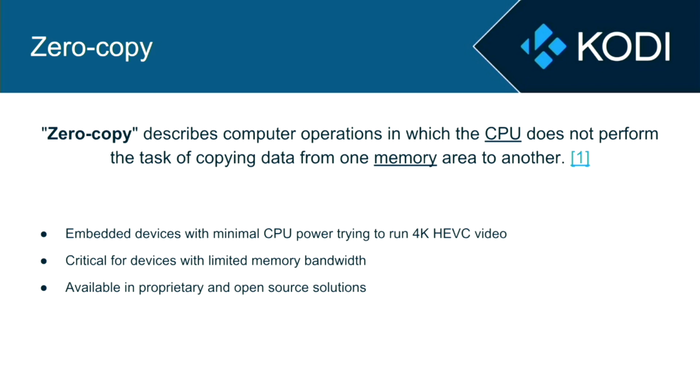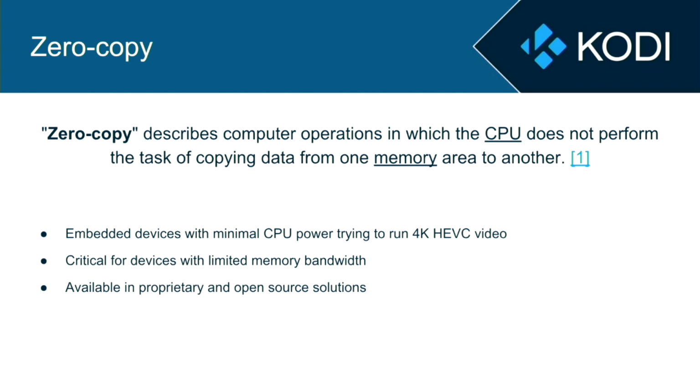Copying is expensive, especially on the embedded devices that we use today, and especially in upcoming times when 4K video and H.265 are prevalent. There's going to be tons of data that we need to move on these little devices that have very weak CPUs and very weak GPUs and very specialized hardware for video decoding and rendering.